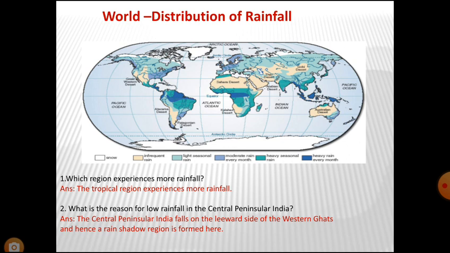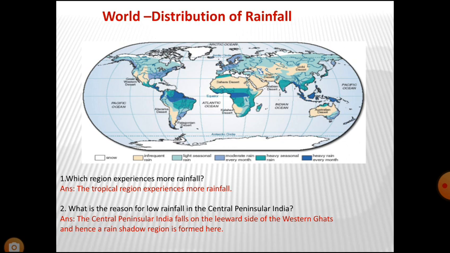Tropical means near the equator. The tropics are the region of the earth that lies roughly in the middle of the globe, between the Tropic of Cancer and the Tropic of Capricorn. The tropics include the equator and parts of North America, South America, Africa, Asia and Australia.